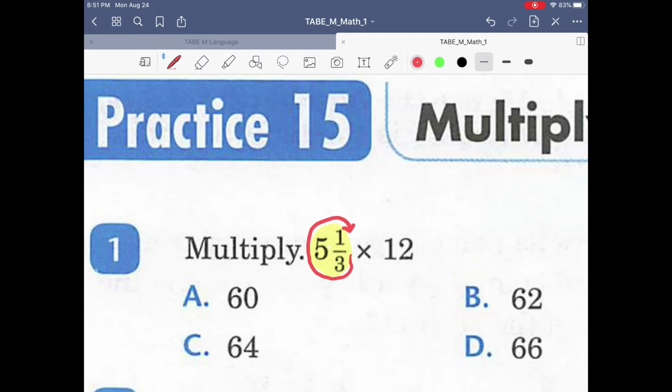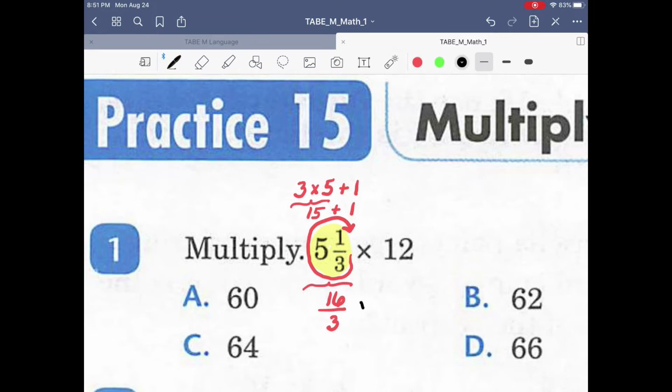So I'm going to say 3 times 5 plus 1. 3 5s are 15 plus 1 is 16. That's going to give me the top of my fraction. The bottom will stay a 3. It will not change. So this mixed number in improper form is 16 over 3.